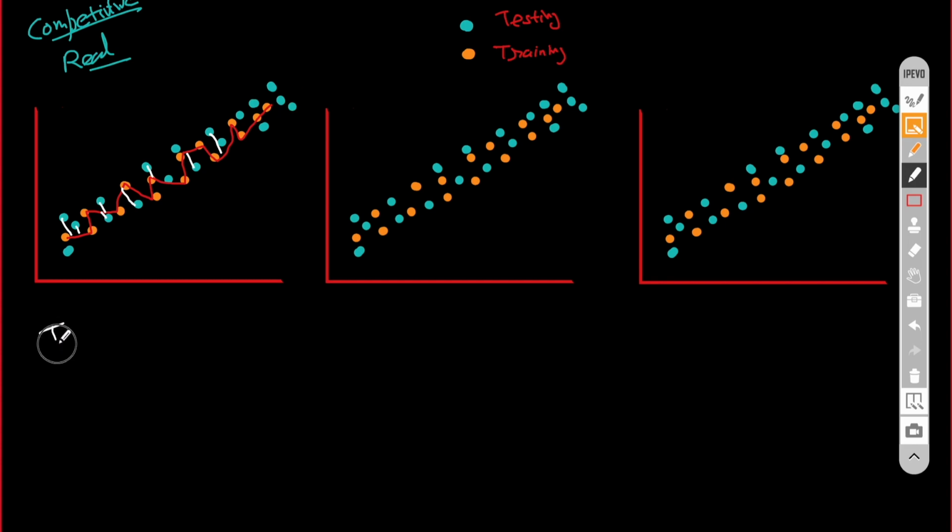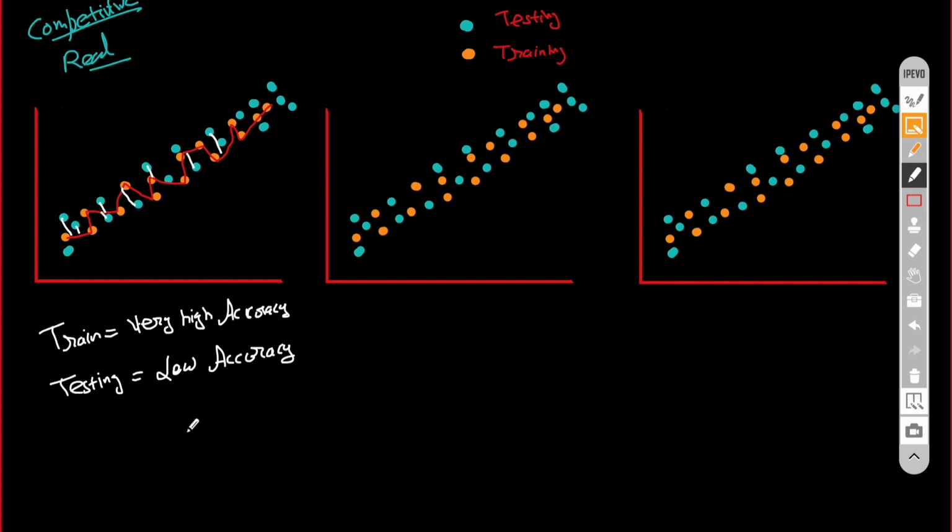So they perform in training data, they are able to score very high accuracy, but in testing data they get very low accuracy. Whatever was given to them to learn, they learned too much, but when it comes to generalization of the problem or understanding the implementation of the problem, they are not able to understand that at all.